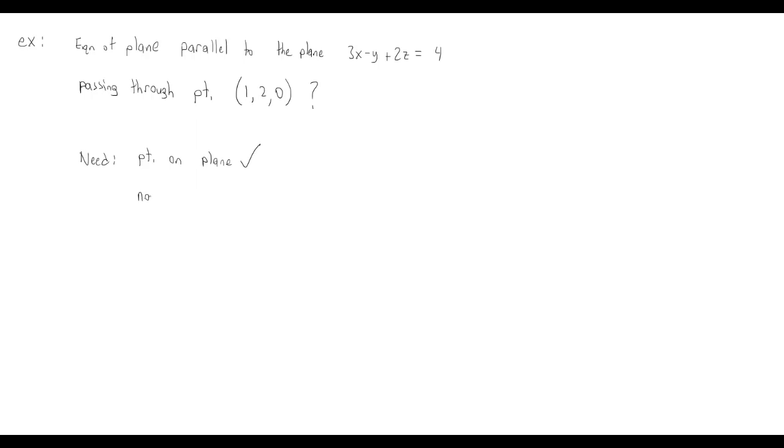We also need a normal vector, which we're not given explicitly in the problem. So we need to use the information in our problem to come up with a normal vector. And so the idea is, in the problem there's two planes, so this is the plane that we are looking for. It is parallel to this other plane which is given to us.